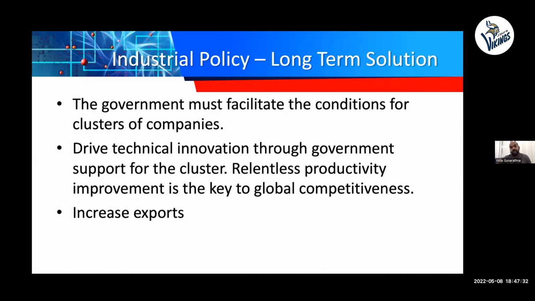I think that's what the general public is forcing now. With that, you should be able to reduce your budget deficit, and by increasing exports and facilitating the industries in the country, you will get more export income, which should sort out your budgetary deficit.